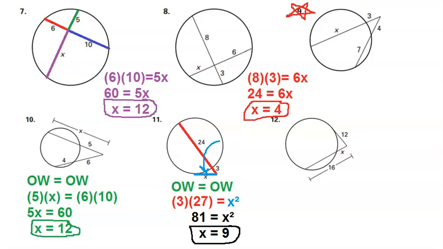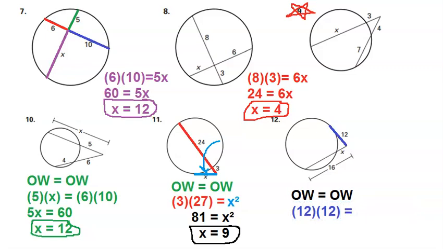Let's try one more of those where the outside and the whole thing are the same. If you look at the dark blue line, it never actually makes it inside the circle, which means the outside is 12 and the whole thing is 12.